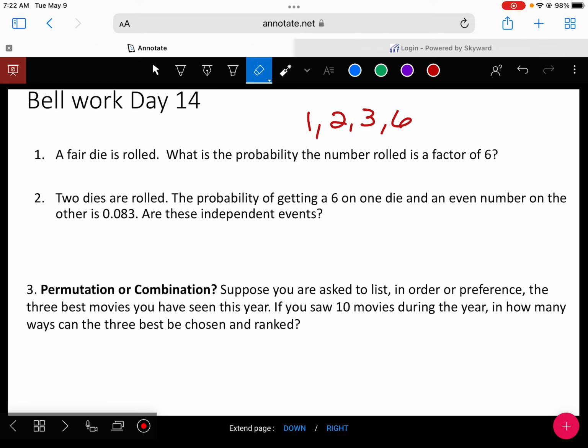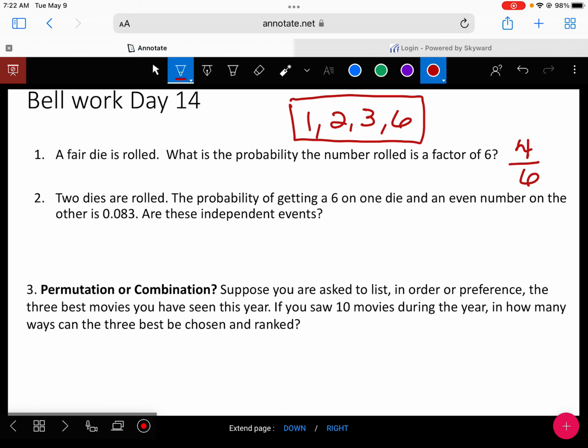What is my numerator going to be? 4. Yes, because any of those 4 that I would roll would work. So that is 4 out of, how many total could I roll? 6. 4 out of 6. So these are my successes, rolling any of those, and then I have 6 total. What questions do you have about that one?